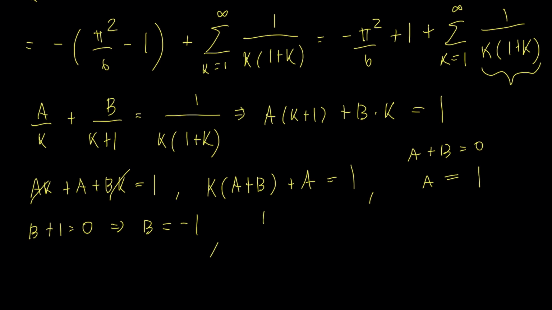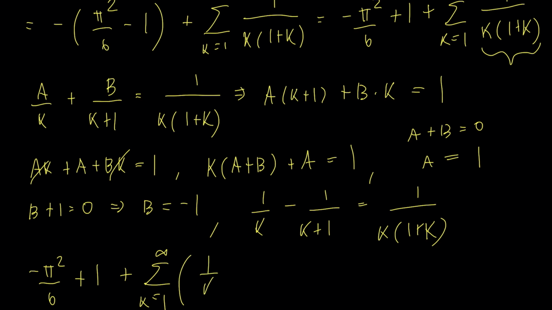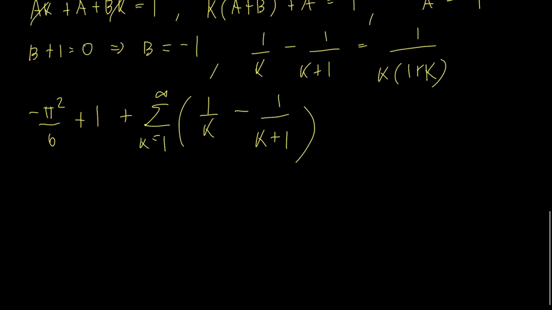So we have 1 over k minus 1 over k plus 1 equals 1 over k times 1 plus k, which is the summand. So we have a minus pi squared over 6 plus 1, and then plus the sum from 1 to infinity of 1 over k minus 1 over k plus 1.